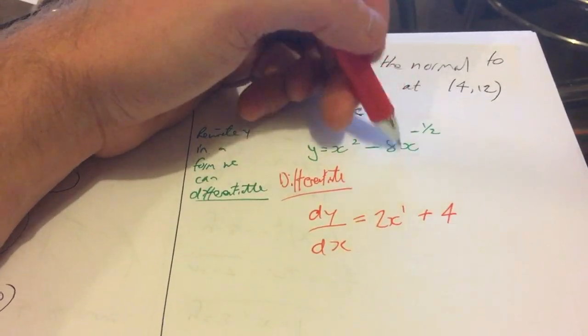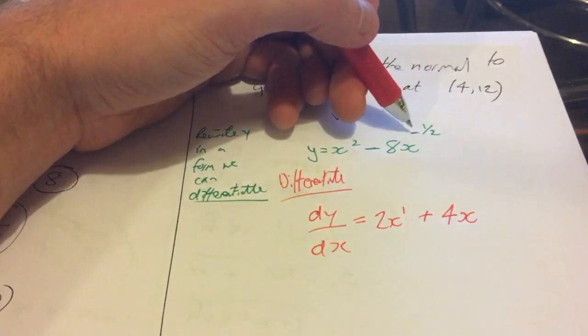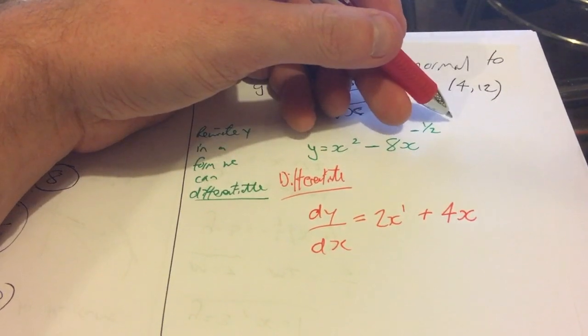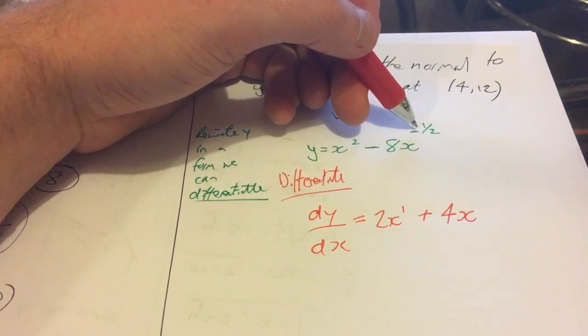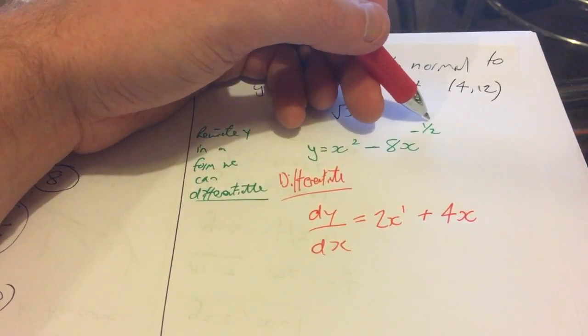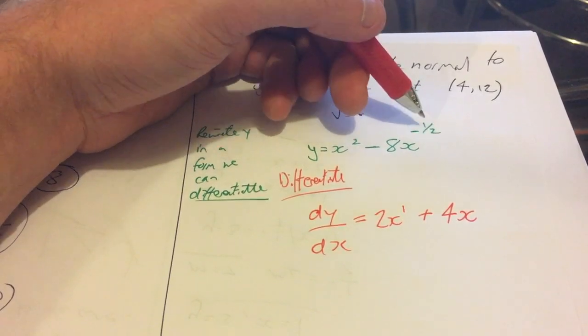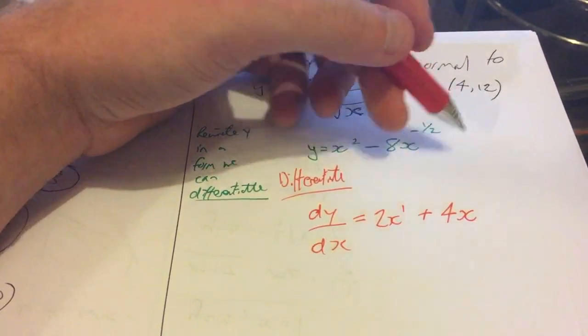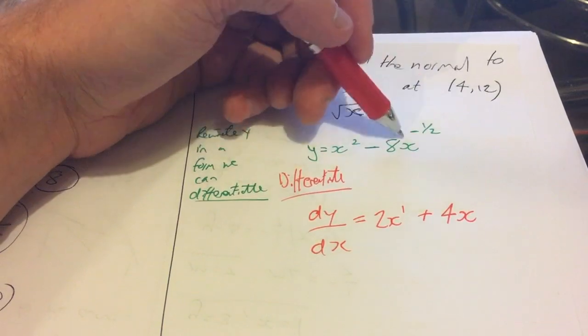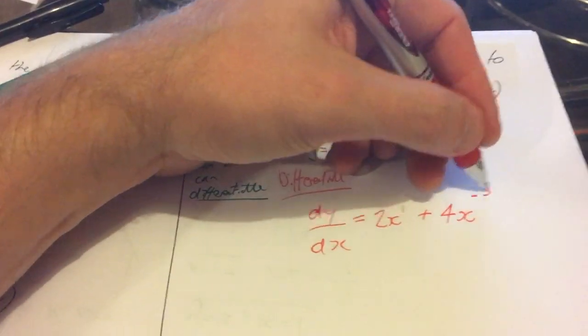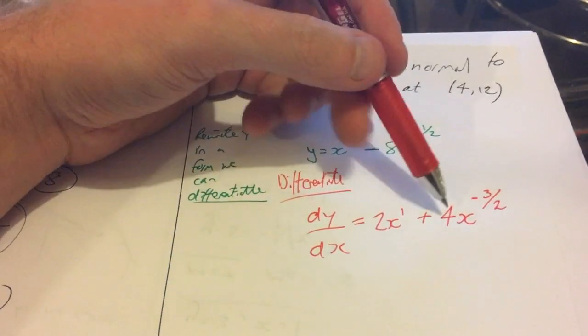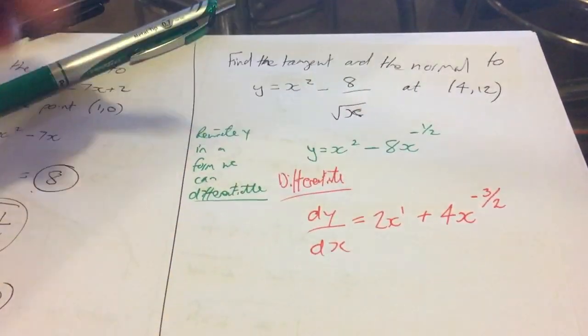And then we've got to take 1 from this power. So we're going to get x to the power minus a half, take 1. If you think that through, it's going to be minus a half, and then minus another 1. It's going to be minus 1.5, which in other words is minus 3 over 2. So there we go. That is our gradient function.